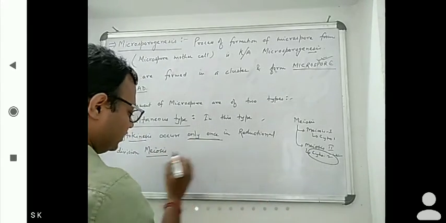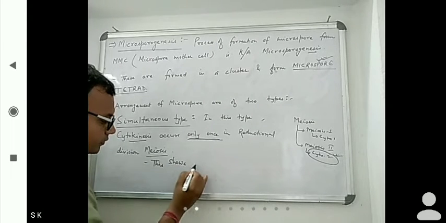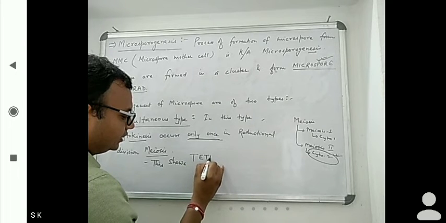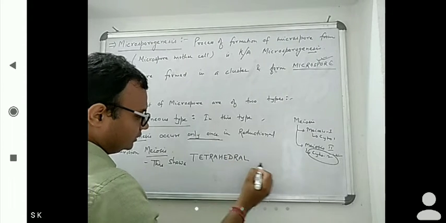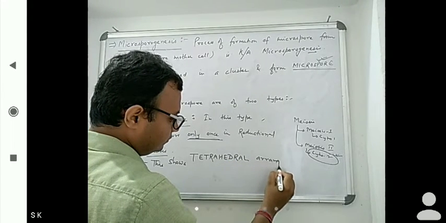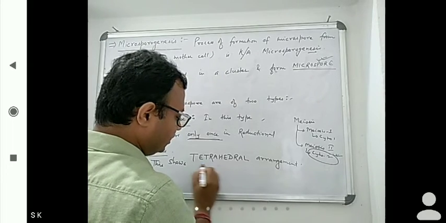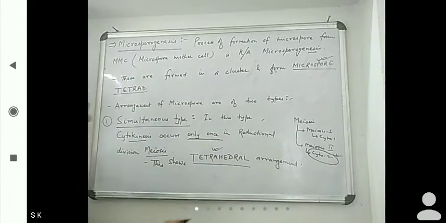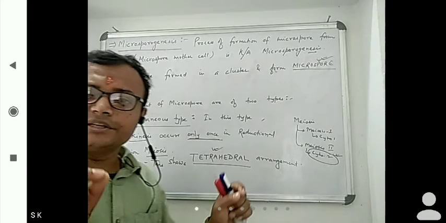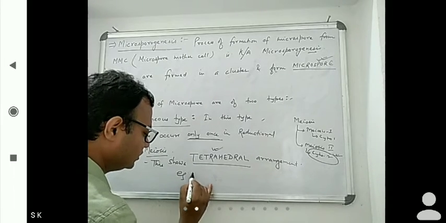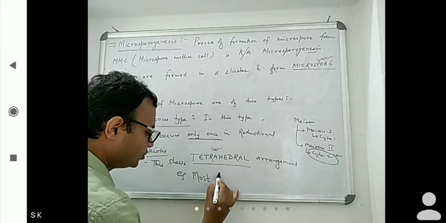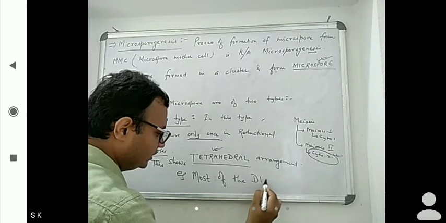Now this simultaneous type shows tetrahedral arrangement. Here you have to remember, this shows tetrahedral arrangement. And it is mostly found in dicots.